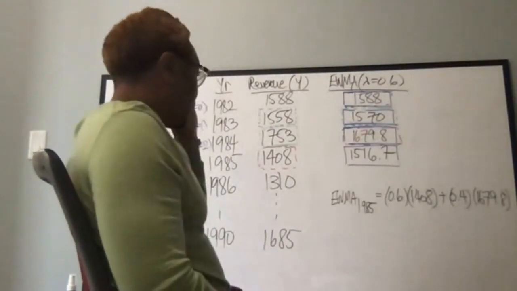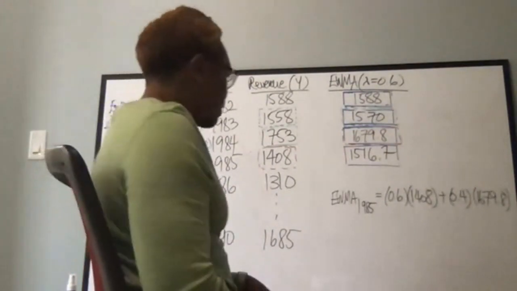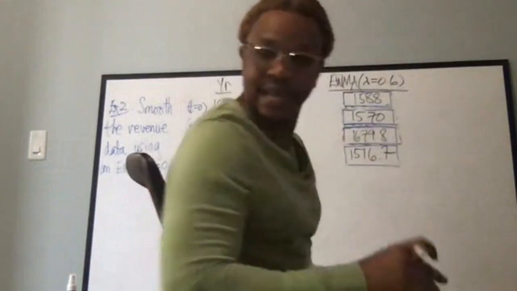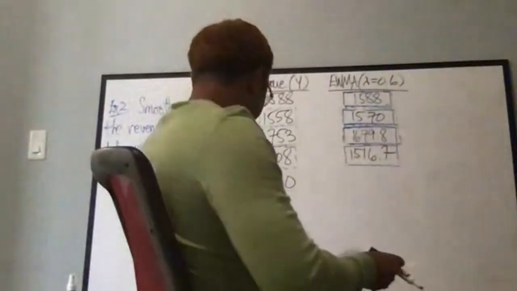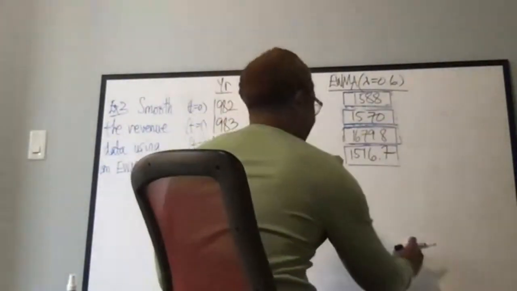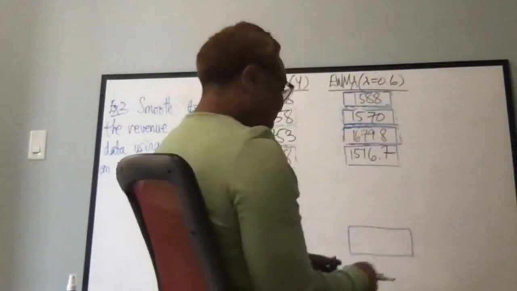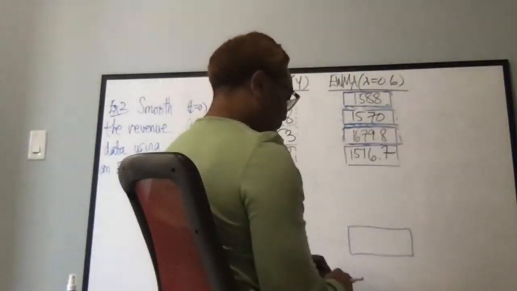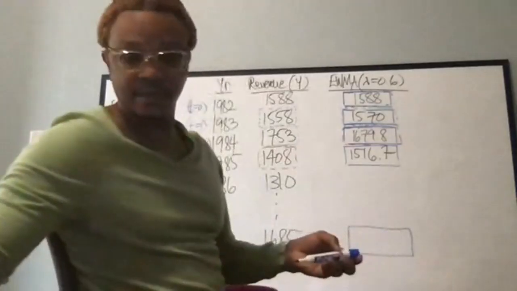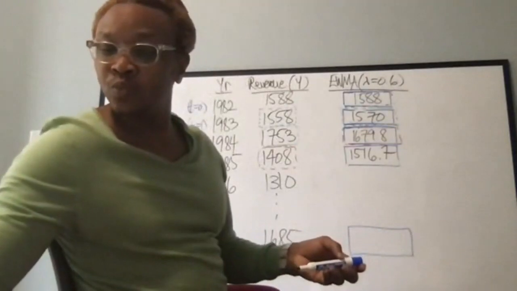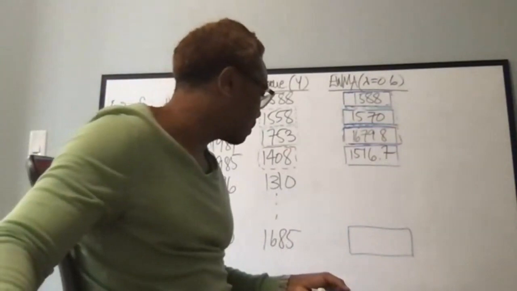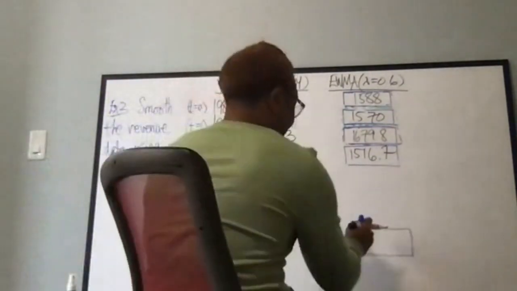Now, before we go to Excel, I'm just going to show you something right quick. In the interest of space, I calculated the last one. If you keep going, you'll keep getting an answer. For this last one right here for 1990, I did that one and I got this.